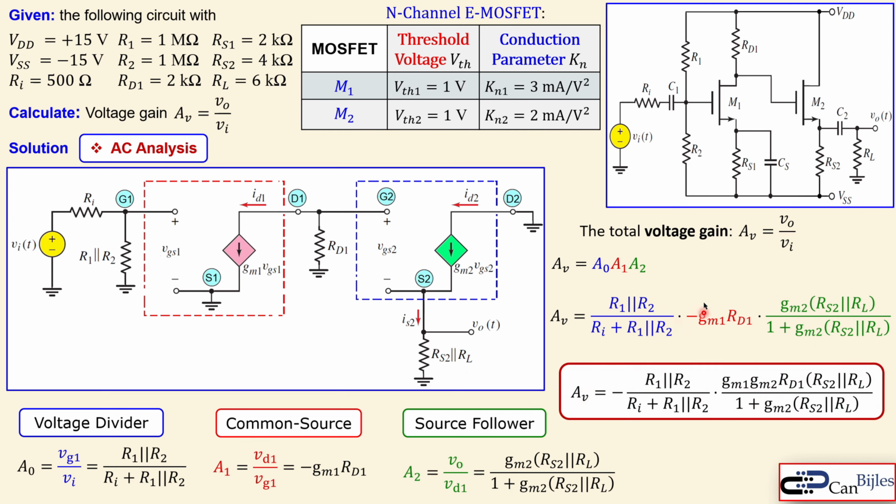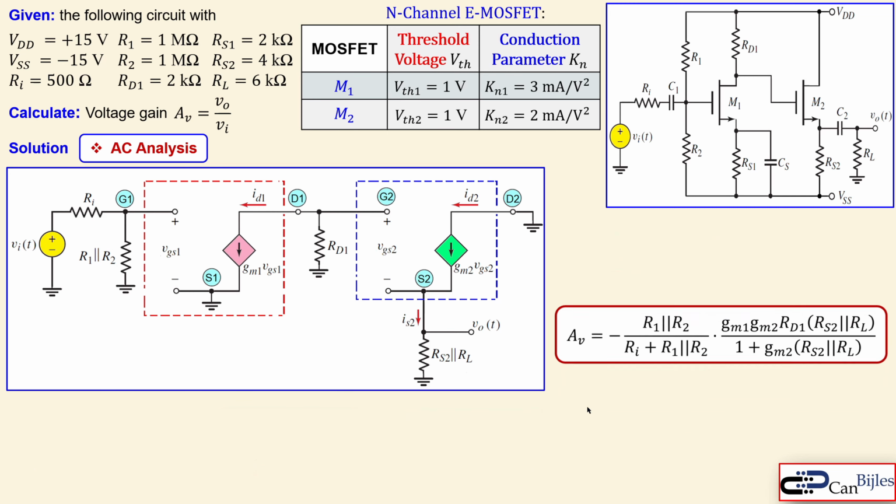You also see that minus sign because of this common source amplification, so we still have an inverting action or inverting amplifier. And this is the complete expression for our amplification factor, so we need to first determine the GM1 and the GM2 in order to calculate the numerical value of this AV, the voltage gain.